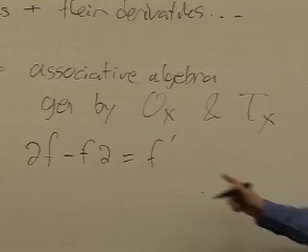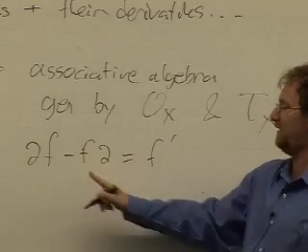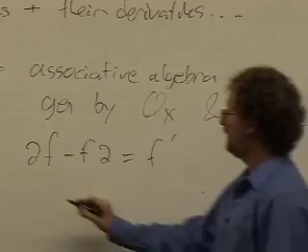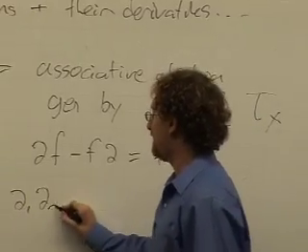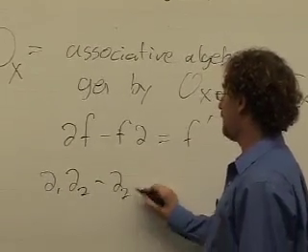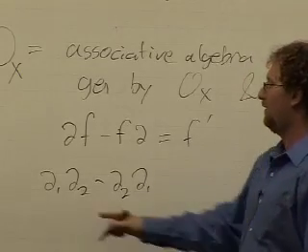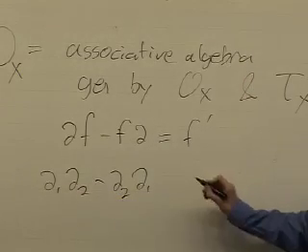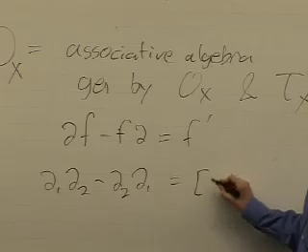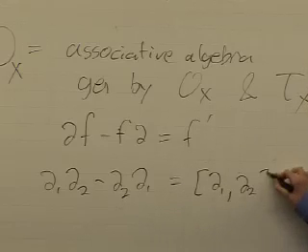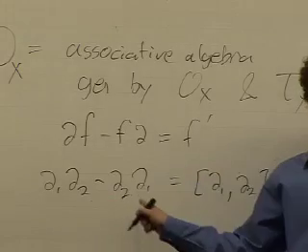This means vector fields are exactly things that differentiate functions. And if I have two vector fields and I apply them in different orders, well, I already know vector fields have an operation on them, which is the commutator. And I want the commutator of vector fields to be given by the commutator in this algebra.